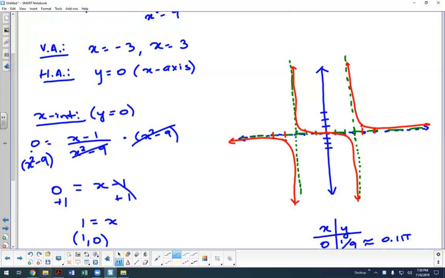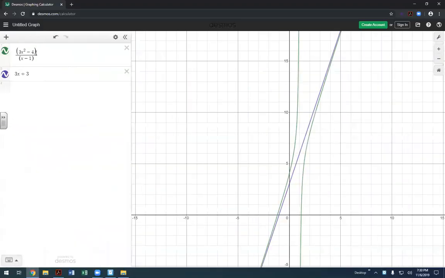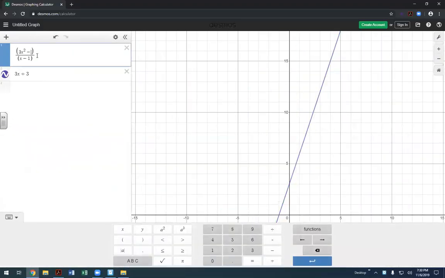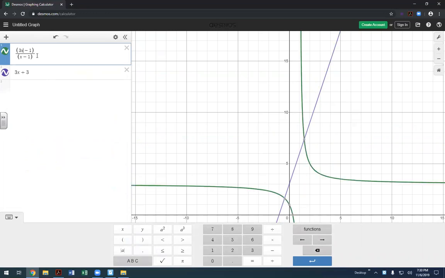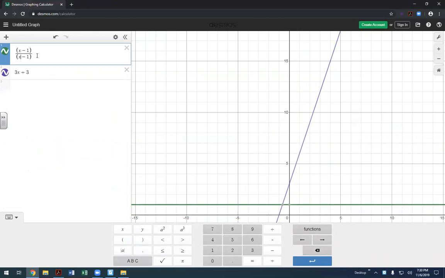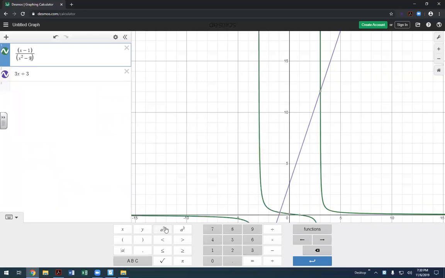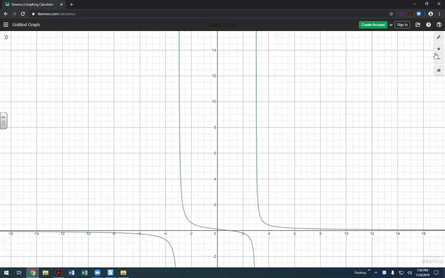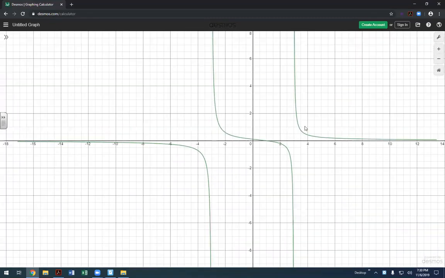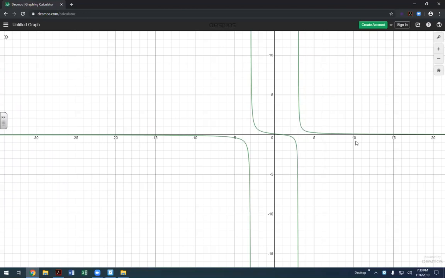So this is (x - 1)/(x² - 9). That's kind of what we should be seeing on our graph. Any questions on this one?